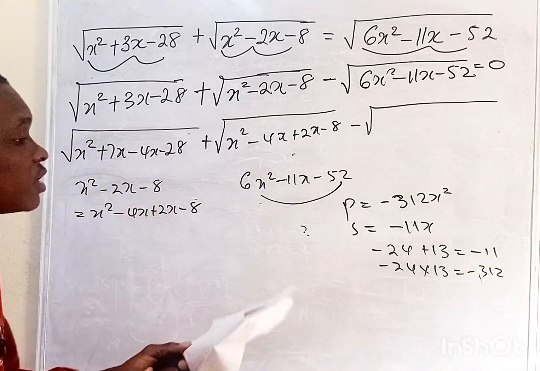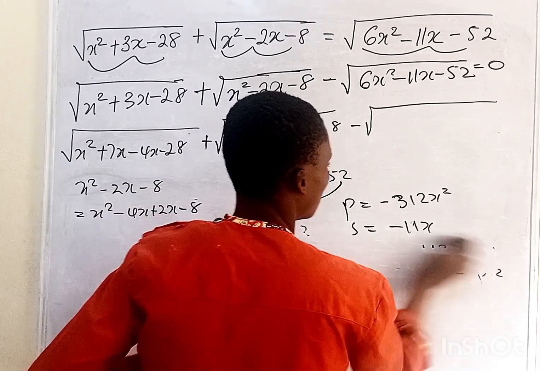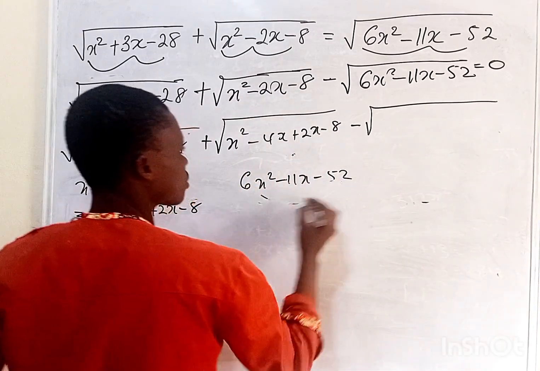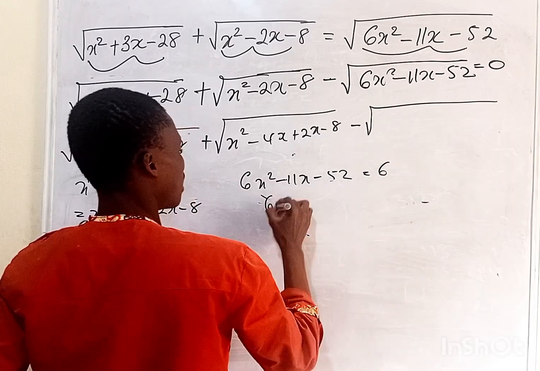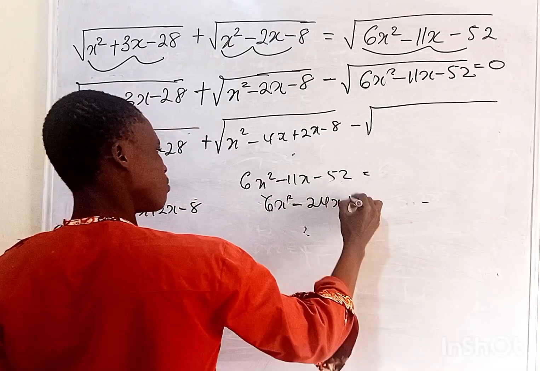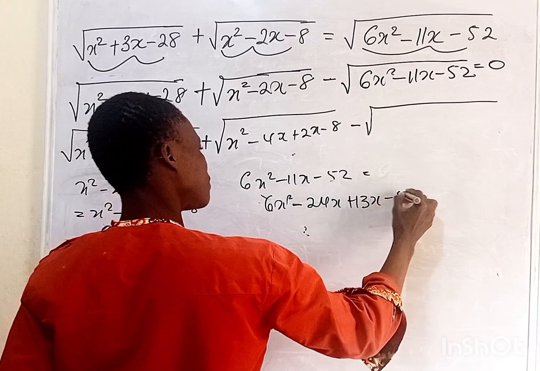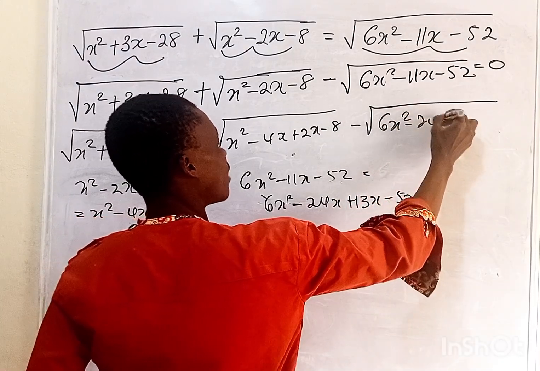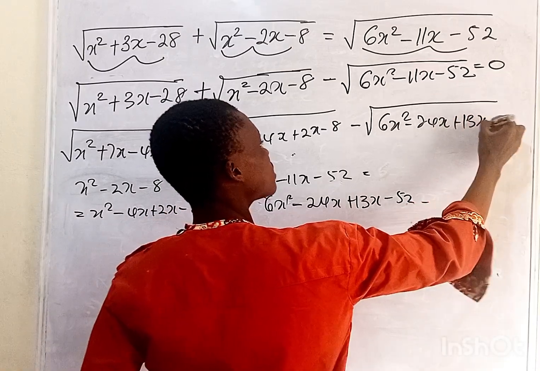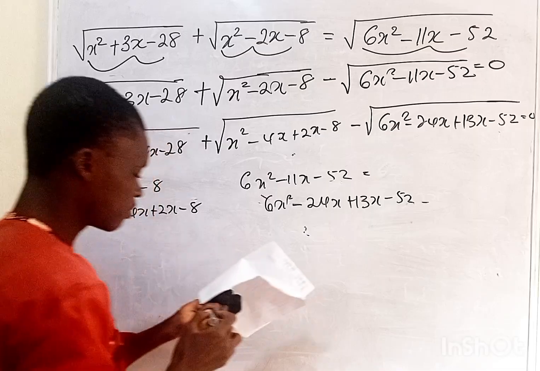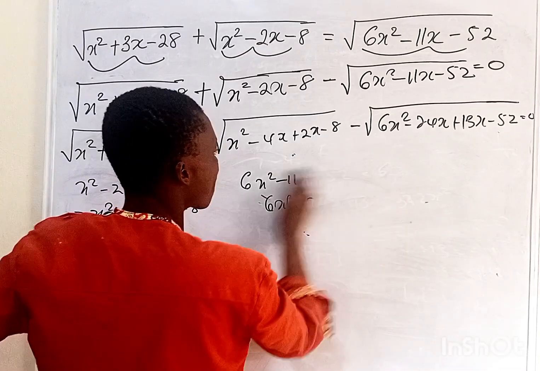So let's finish this up. So from here we have 6x squared minus 24x plus 13x minus 52. So let's put it here. It becomes 6x squared minus 24x plus 13x minus 52, and this equals 0. So that's the first step.